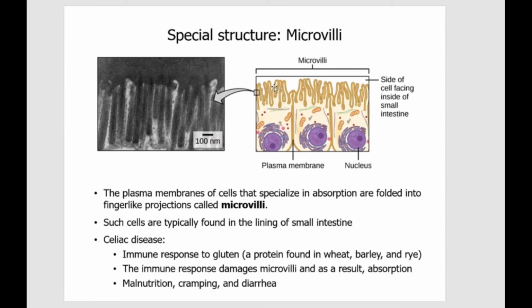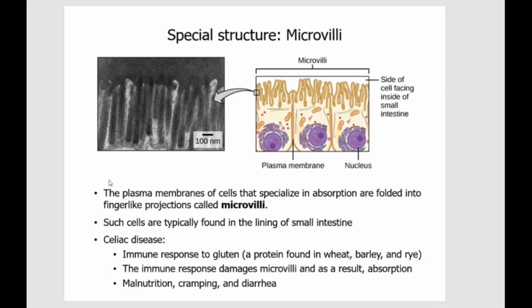The microvilli are also where nutrients cross and get into the bloodstream in your intestinal wall. You can imagine, the higher the surface area, the more you can absorb. So it's a specialized area that promotes breakdown of macromolecules and absorption of nutrients.